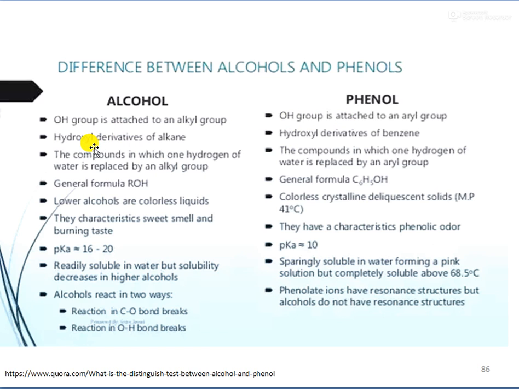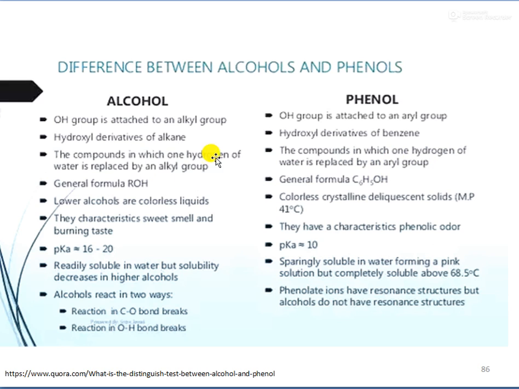Alcohols are hydroxyl derivatives of alkanes, whereas phenols are hydroxyl derivatives of benzene. Alcohols are compounds in which one hydrogen atom of water is replaced by an alkyl group, whereas phenols are compounds in which one hydrogen atom of water is replaced by an aryl group.